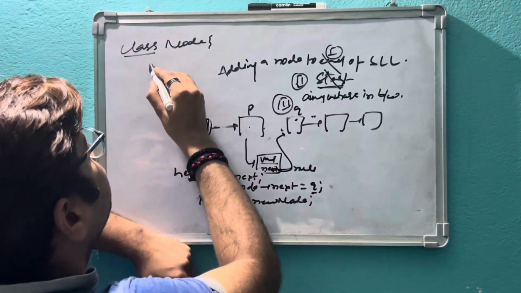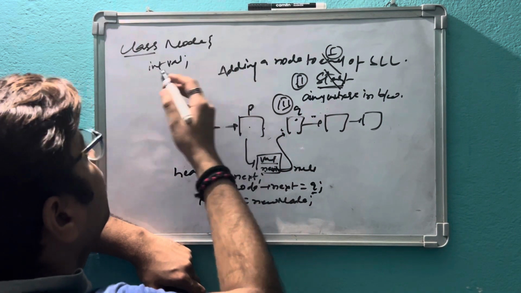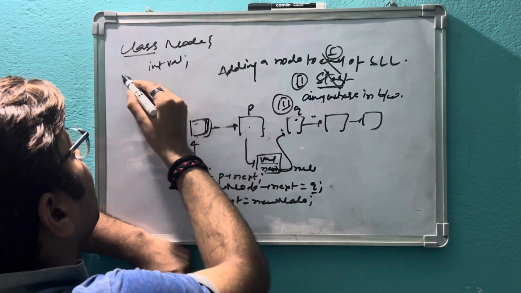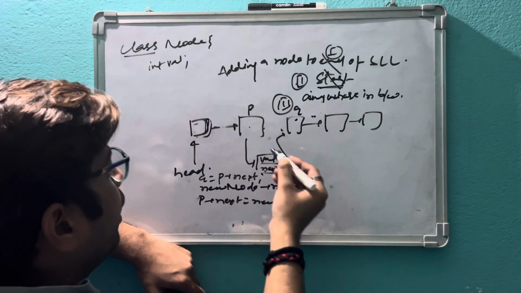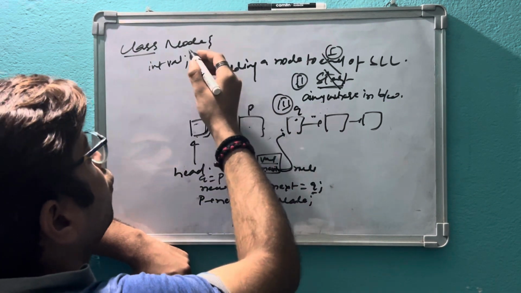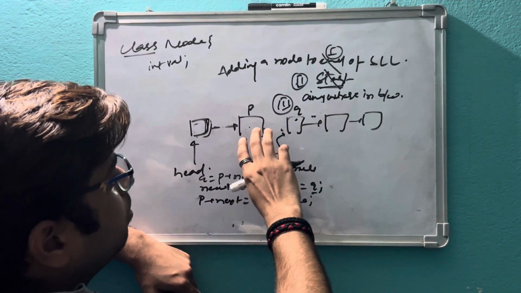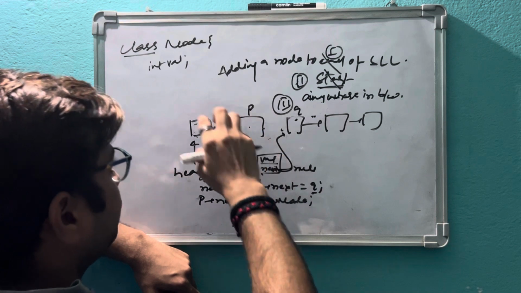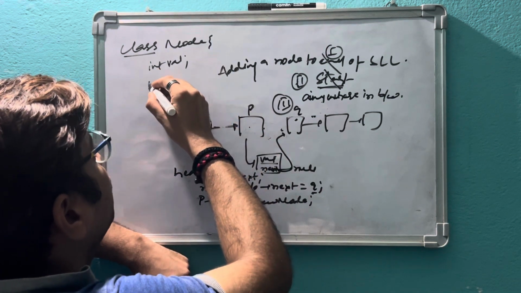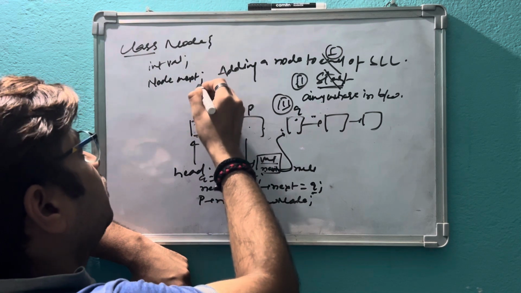For now I am just storing an int with the variable val, and I need a link that points to the next of it. That link contains the address or the information about the next node. So the type of that would be node only, and that would be next.